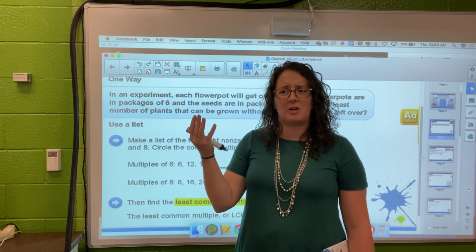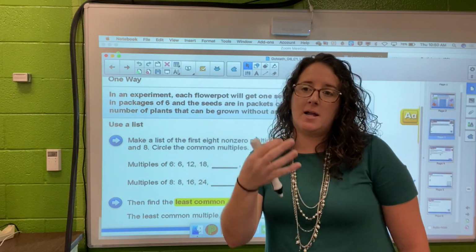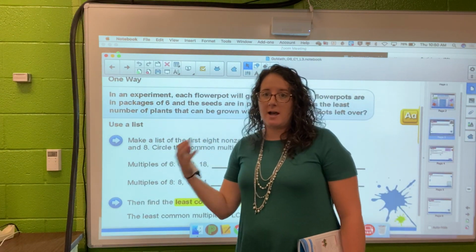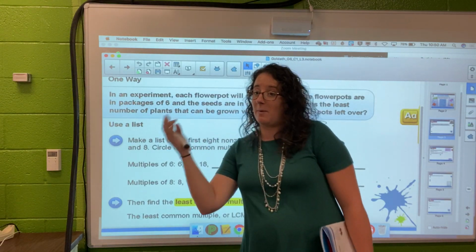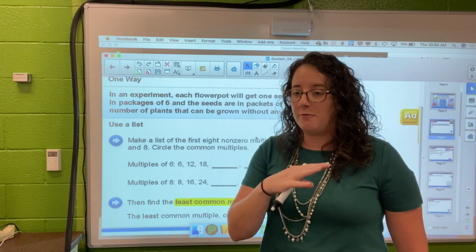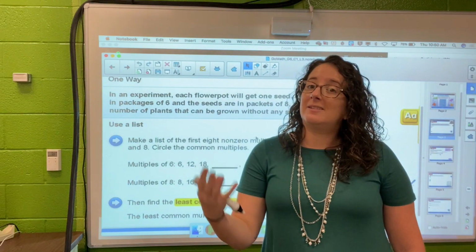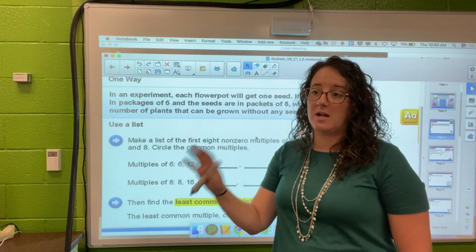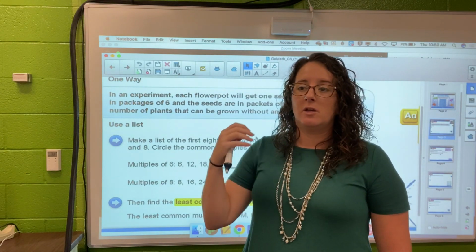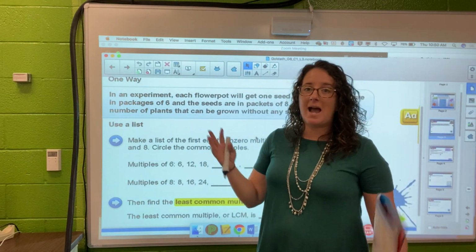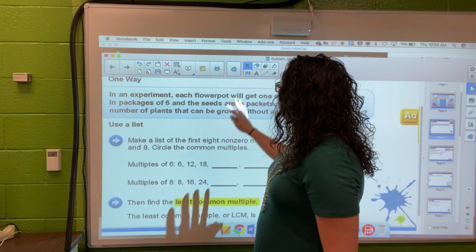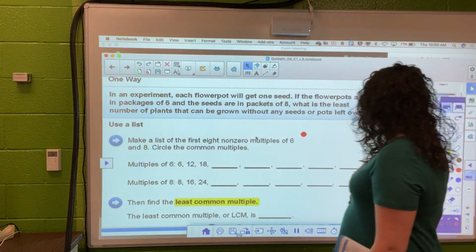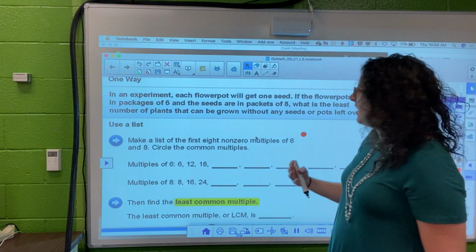And that's really frustrating because then you have to buy more buns to meet the number of hot dogs, but then you have too many buns, so then you have to buy more hot dogs, and you have to go back and forth. But if you found the least common multiple in those packs between the pack of hot dogs and the pack of buns, you'd be able to see how many packs you need to buy so they match up.